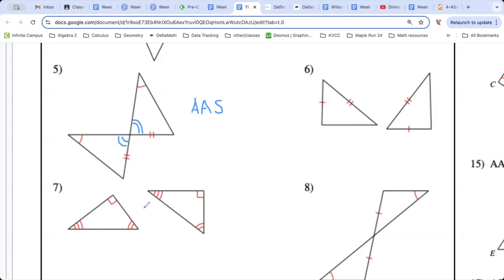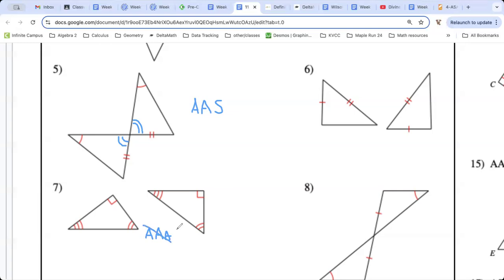Next one, we have two triangles but not connected, shown separately. So we have angle, angle, angle, angle, angle, angle. So we know angle can't prove it. Okay, we only learned four kinds of sure proof, which are angle side angle, side side side, side angle side, and angle angle side.